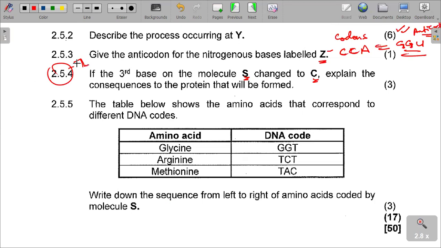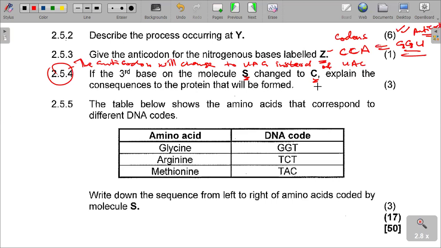2.2.5, the anticodon will change to UAG instead of UAC.